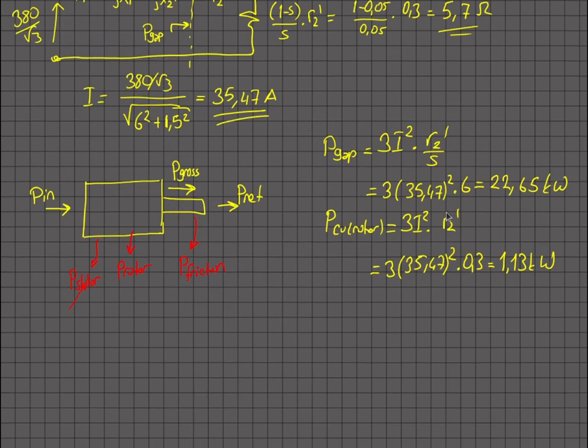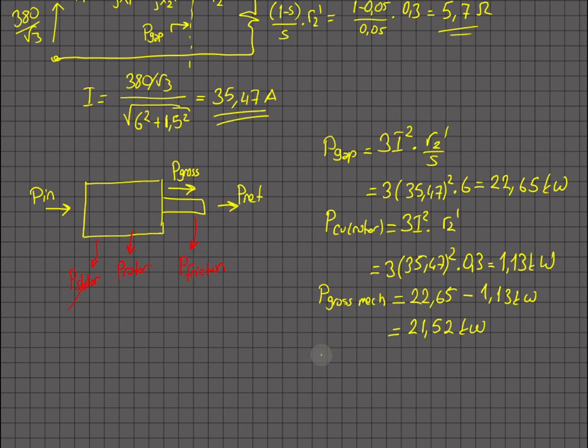Okay, so let's calculate the mechanical or gross power, P gross mechanical. That one is 22.65 minus 1.13 kilowatts, and that is equal to 21.52 kilowatts. Then you need to subtract the friction to get the net power.